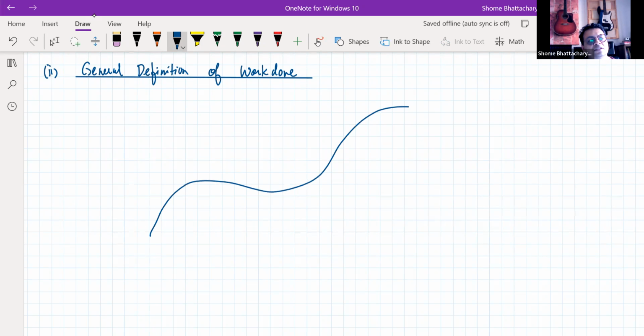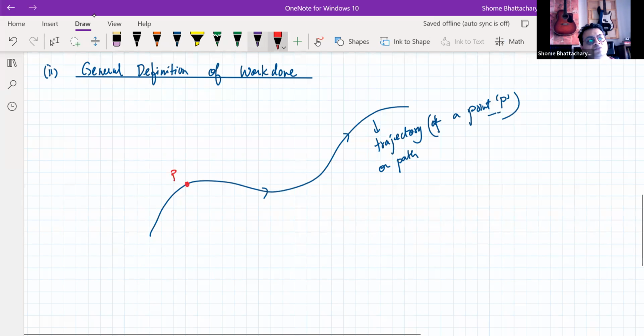So let us say this is the path or trajectory of a certain point, let's say P. So trajectory means path of a certain point P. And while that point P is moving, there is a force F acting on it. So that force is continuously applied to that point.